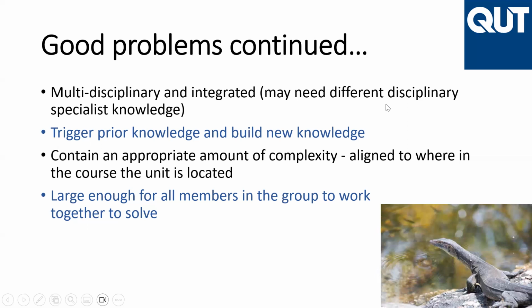Again, this requires some organization, and it's potentially a lot of work for people who coordinate this, but it's worth considering because the ultimate outcomes are potentially very beneficial, especially in the context of generative AI. They should contain an appropriate amount of complexity and challenge for students. So they should be aligned to where in a program a course is located.